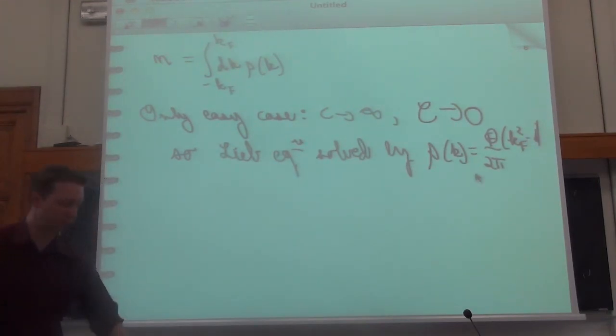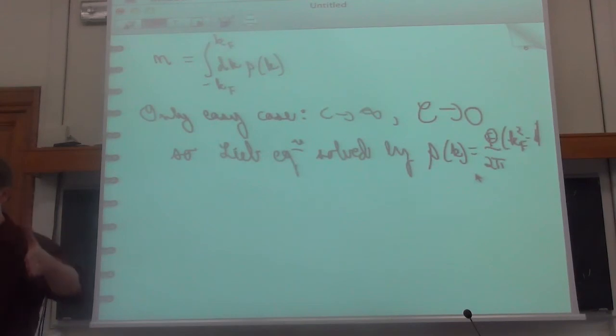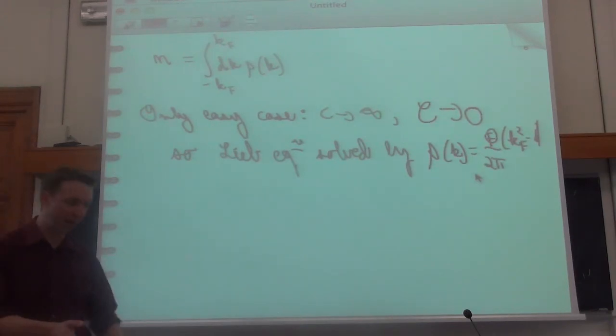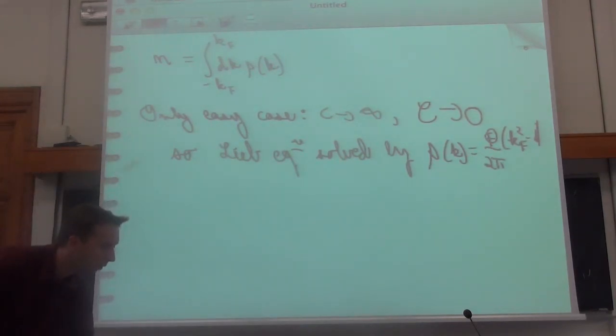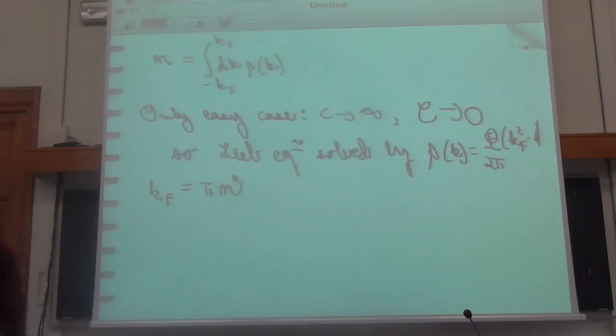It's just 1/2 pi over a certain interval, right? And then kF is simply given by pi times the linear density that you have. Okay, so this is the only explicit solution that you can easily find.